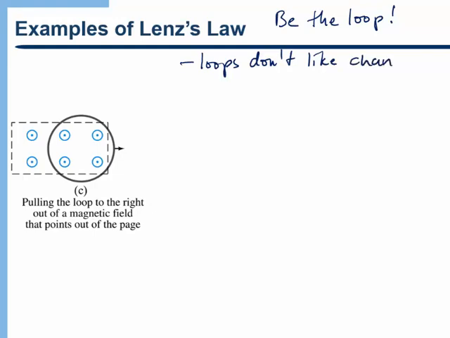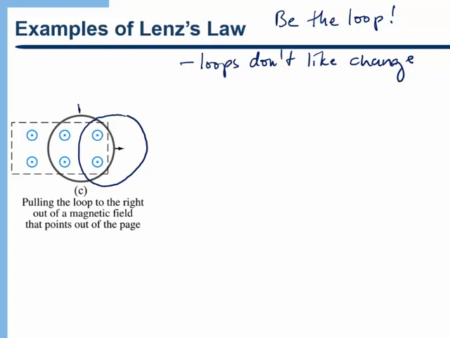So in this case, let's look at the first example. We've got a magnetic field only in this region of space pointing straight out. And what we're doing with our loop is we are moving it to the right. So in other words, between this being our initial time, if we look a little bit later, here is the position of our loop. Notice that there is less magnetic field coming out of the loop now than there was before.